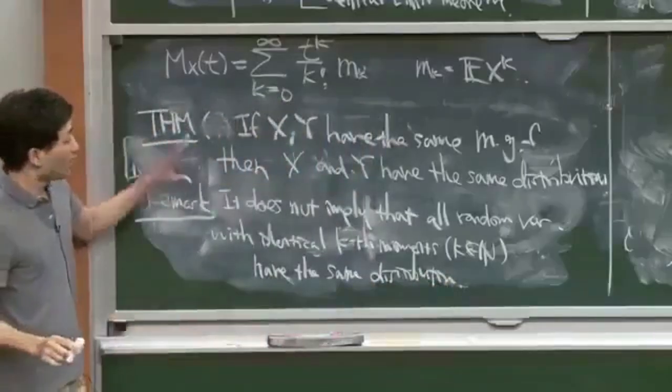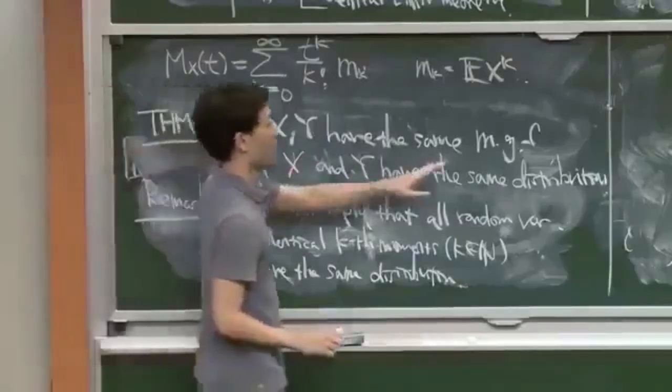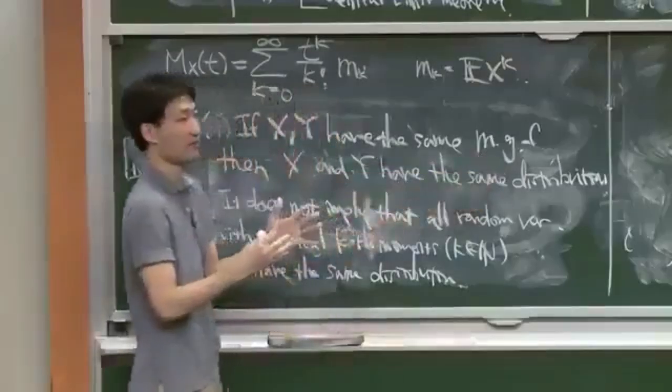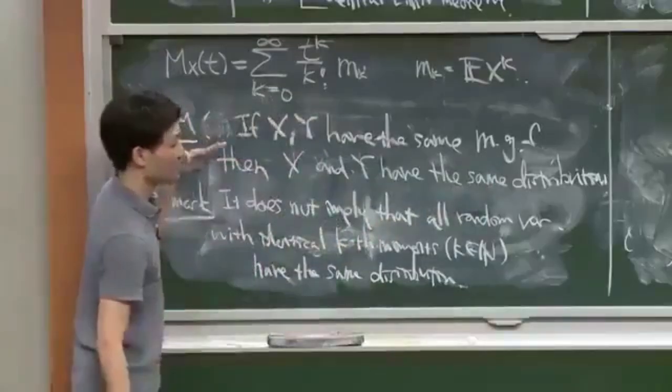Do you see it? If x and y have a moment generating function and they're the same, then they have the same distribution.